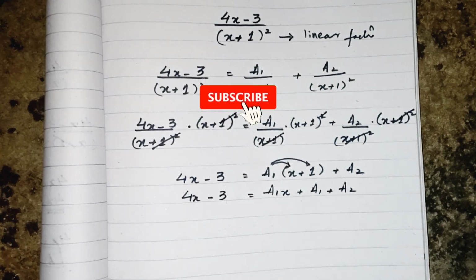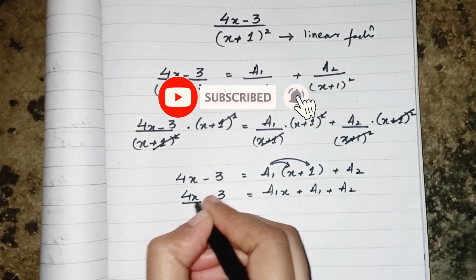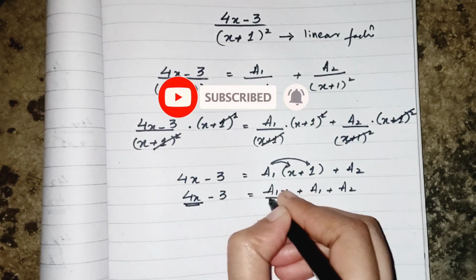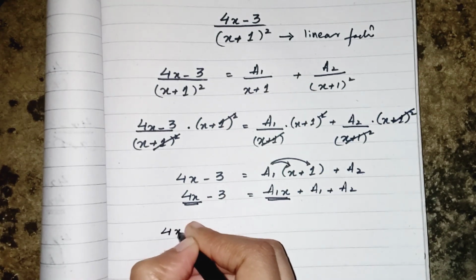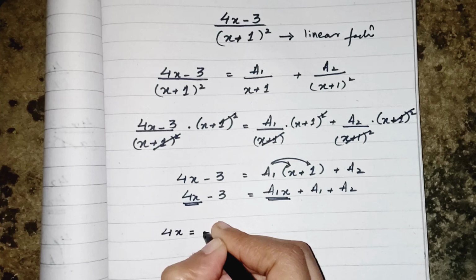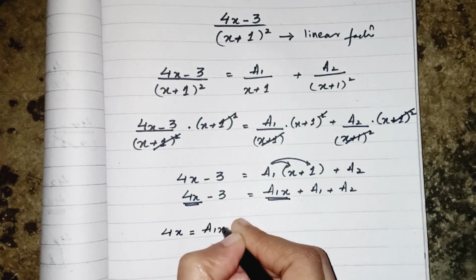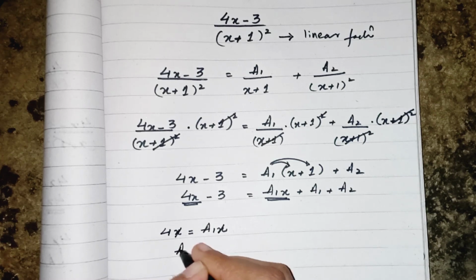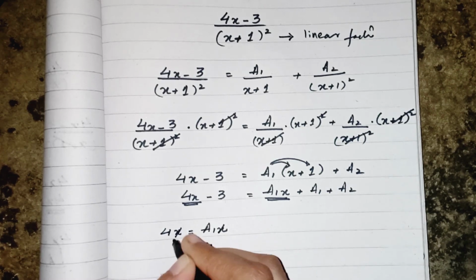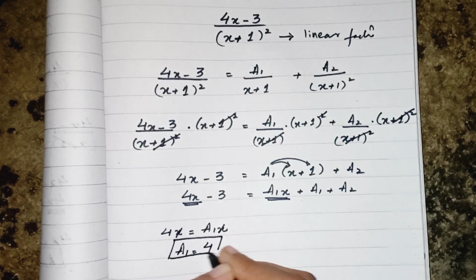Now if we are noticing them, we have one term with x on this side and one term with x on that side. So we have to compare both x terms together. 4x is equal to a1x. x and x cancel out to each other, so we can say that a1 will be equal to 4.